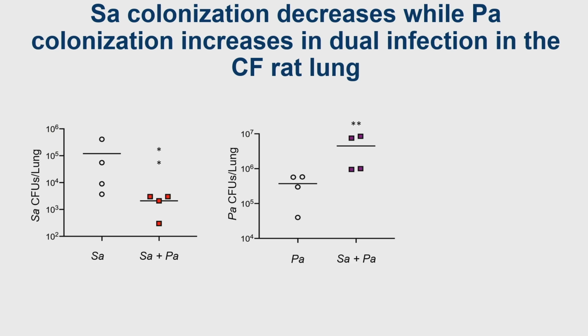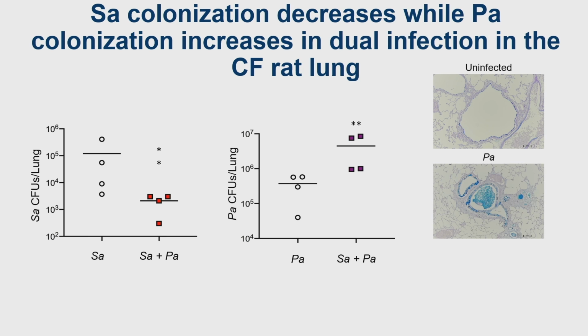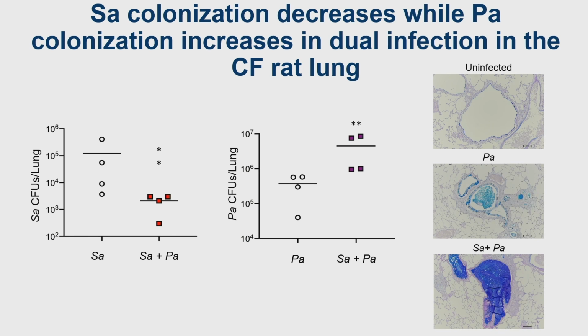However, what we find really interesting is that in a co-infection with Staph, Pseudomonas actually does better. We are able to recover higher CFUs compared to when it's in a single infection. Additionally, compared to uninfected knockout rats and Pseudomonas-infected knockout rats, in a co-infection with Staph and Pseudomonas, the CF rat lung develops much more mucus plugging compared to just Pseudomonas or uninfected.